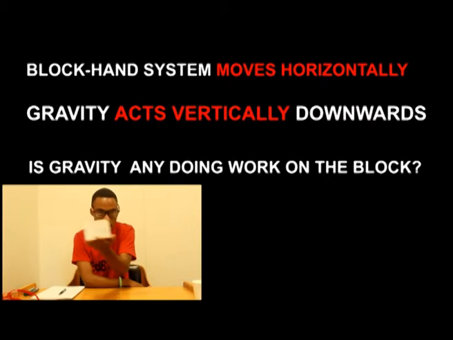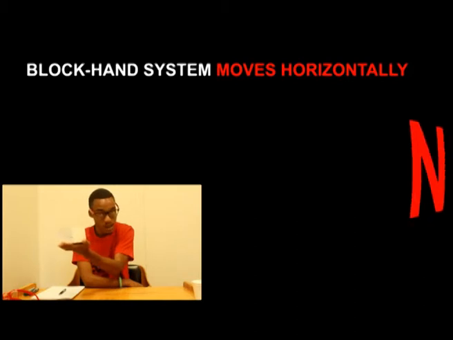Would you say that gravity is doing work on this object? Certainly not. Why? Because gravity is acting in that direction, whereas the displacement is in the horizontal direction. So what do we say? Forces that are perpendicular to the displacement of an object do no work.